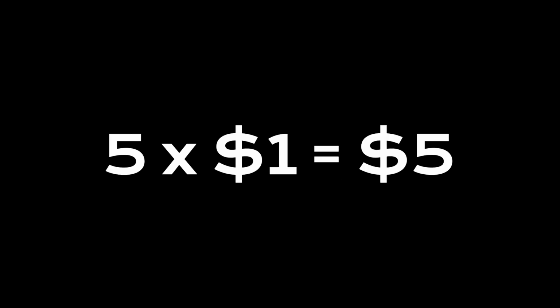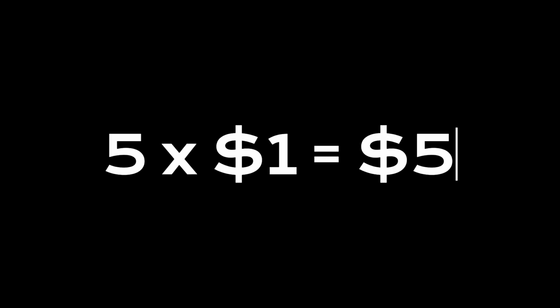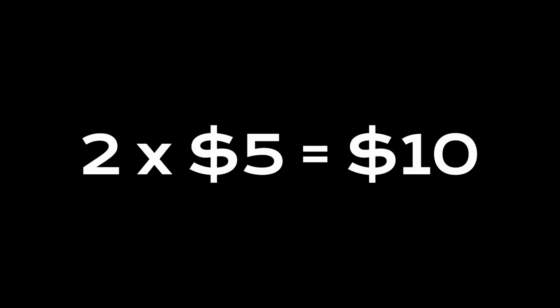There are 5 $1 in a $5 note. So we can get 5 $1 to be the same as a $5 note. How many 5s make a 10? 5 plus 5 is equal to 10.